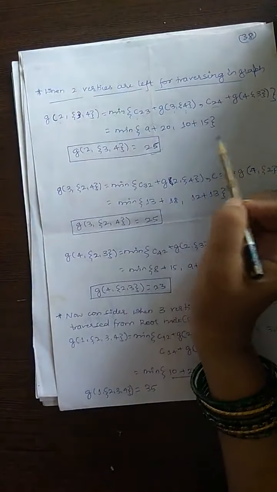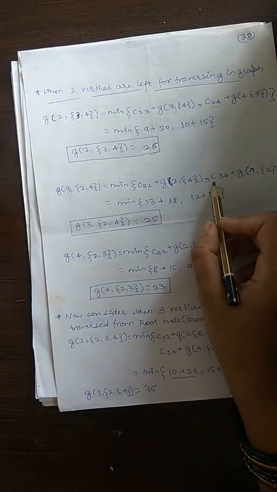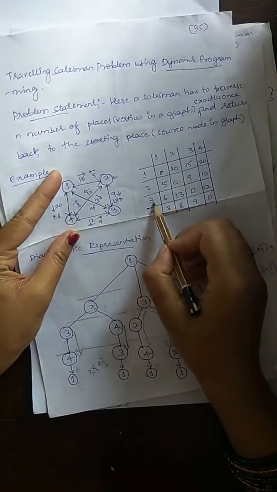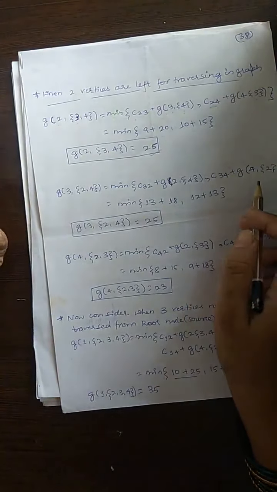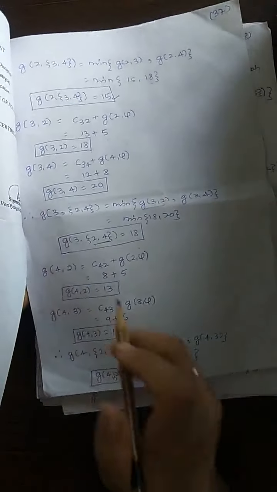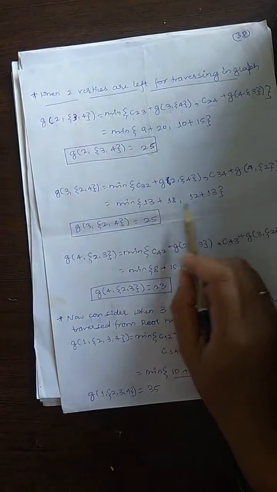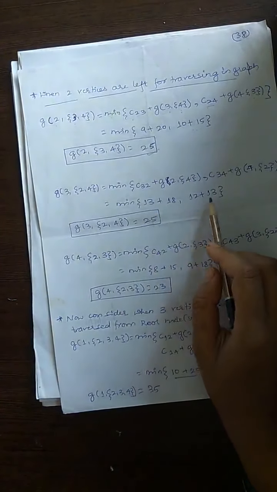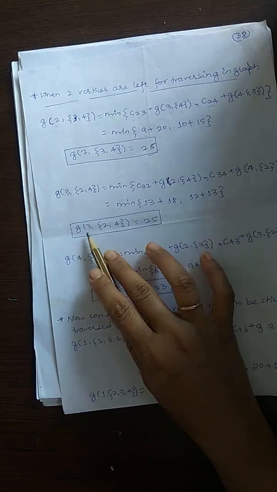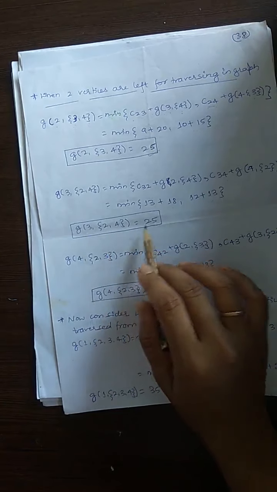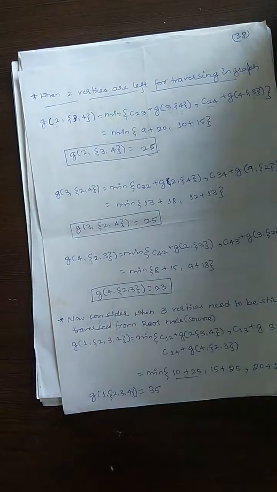Next, C of 3 comma 4. 3 to 4 is how much? 12. 12 plus G of 4 comma 2. So G of 4 comma 2 is how much? 13. So here I have taken 13. So 13 plus 18 and 12 plus 13. Minimum of these two is 25. So G of 3 when 2 vertices are remaining, I have got 25 here.